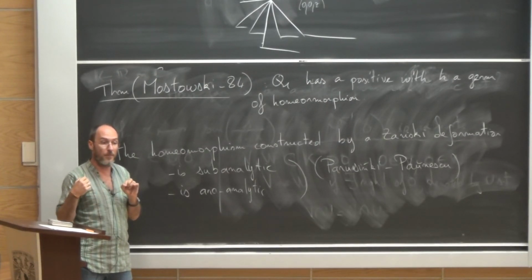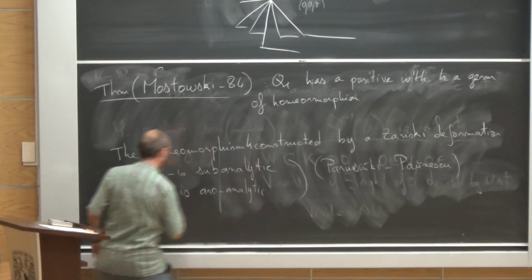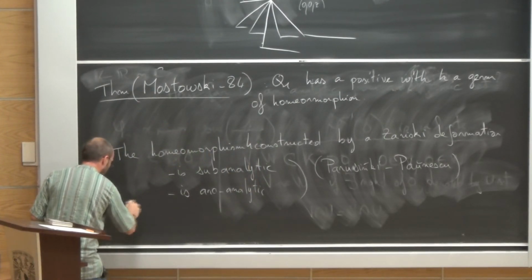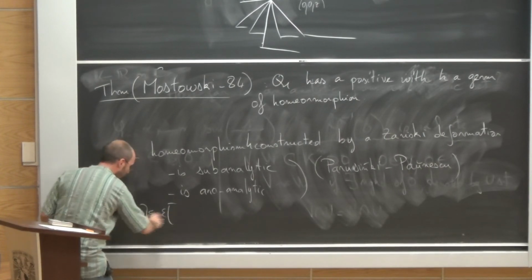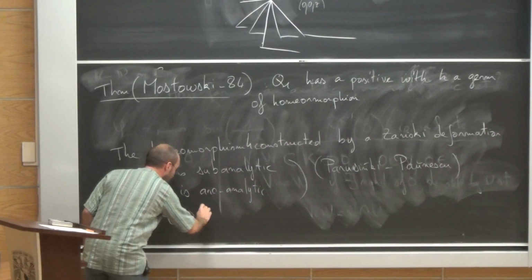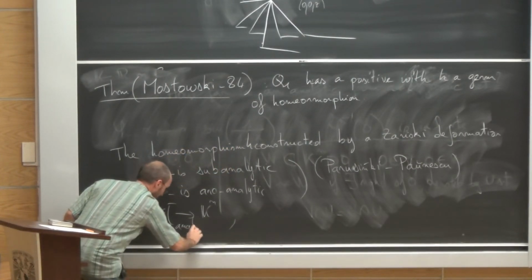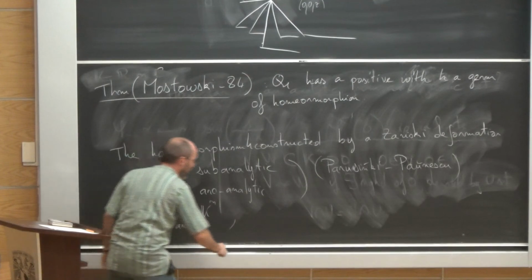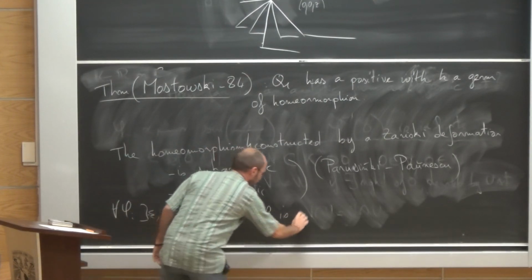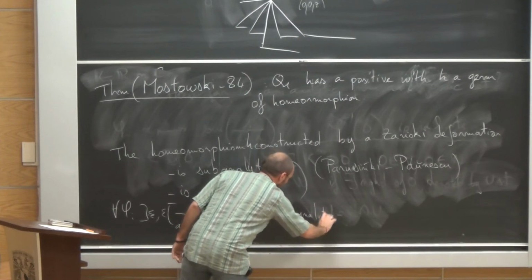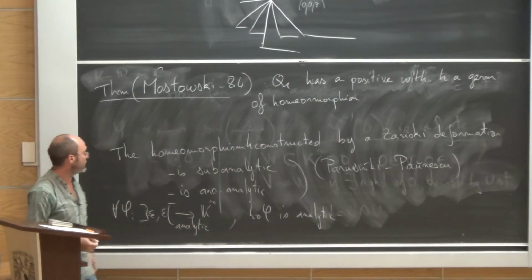It means that for the homeomorphism H, for any real analytic curve phi into Kn, H composed with phi is analytic. So H is not analytic in general, but along curves, it's analytic.